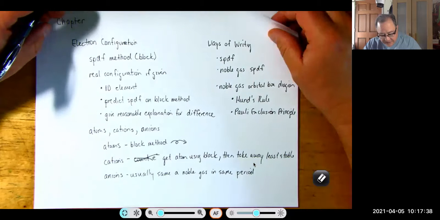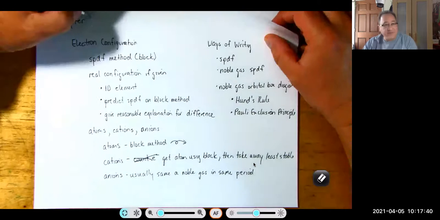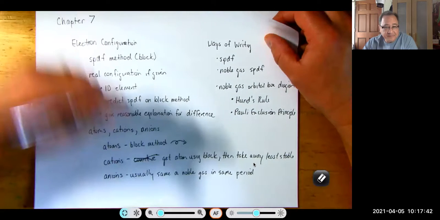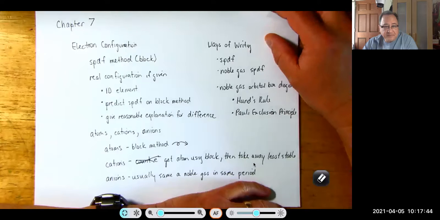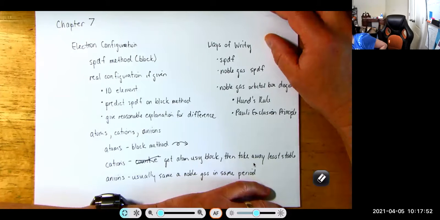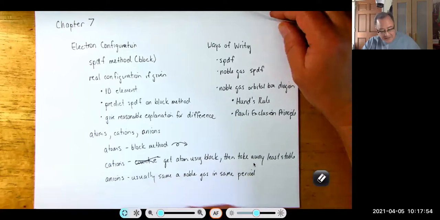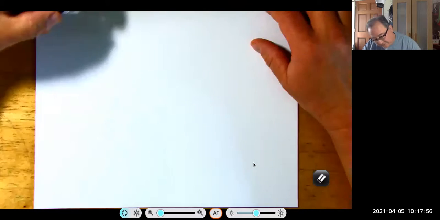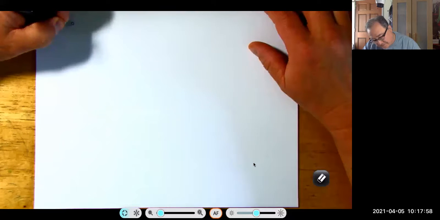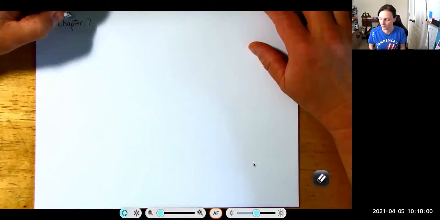What else do we do in that chapter? It's chapter 7. I don't know. I feel like that's it. But there is more. Oh, periodic trends.